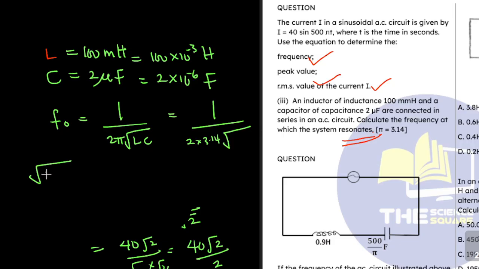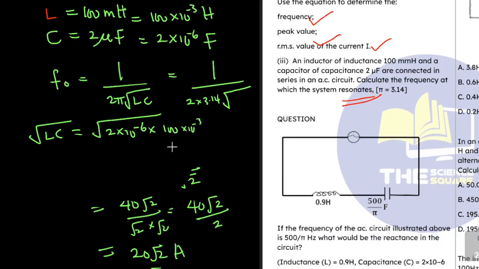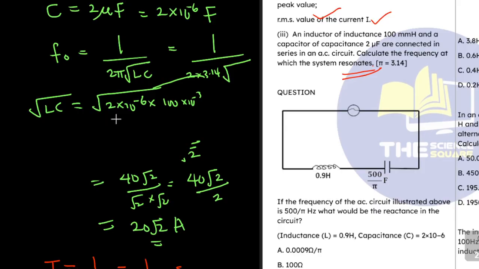The square root of LC can be computed as the square root of 2 times 10 raised to the power minus 6 multiplied by 100 times 10 raised to the power minus 3. So 100 times 10 raised to the power minus 3 is 0.1. So what we'll be left with is the square root of 2 times 10 raised to the power minus 7.